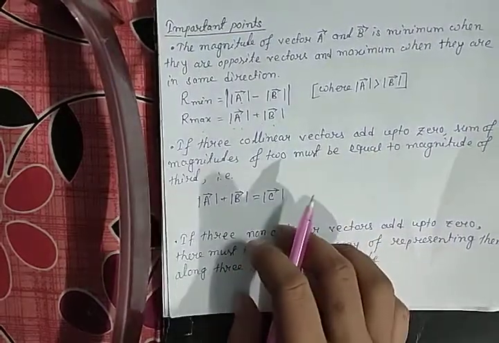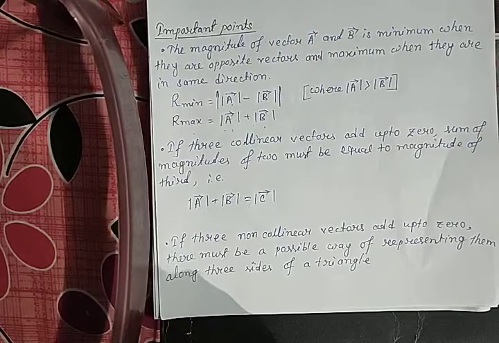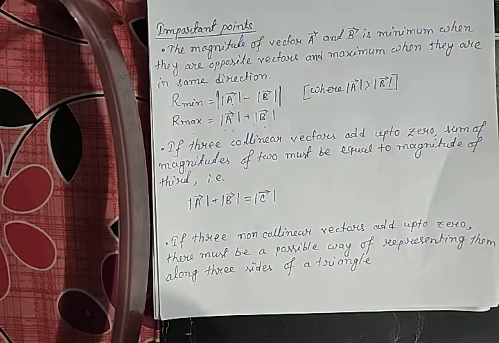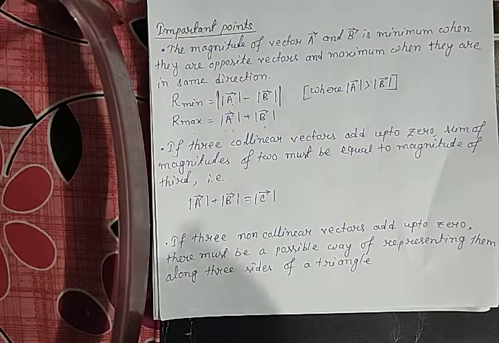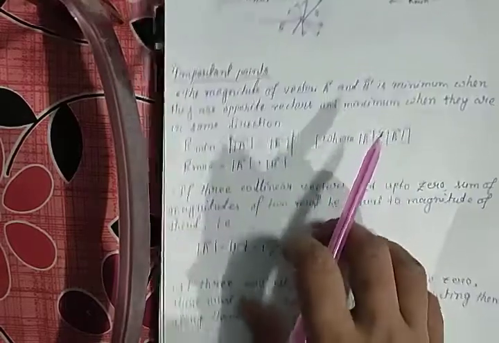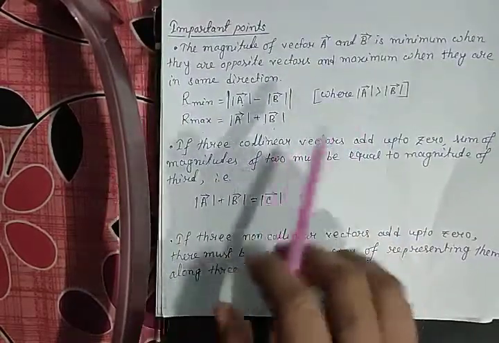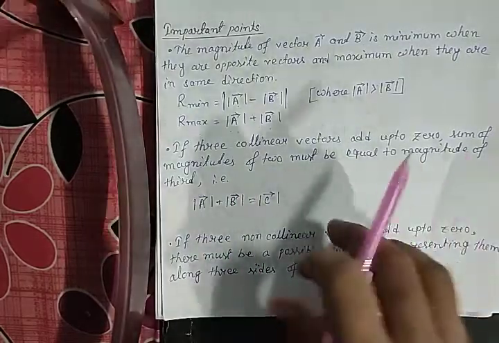The next point is that if three collinear vectors add up to 0, the sum of the magnitudes of two must be equal to the magnitude of the third. This case is only for three collinear vectors whose addition is 0.